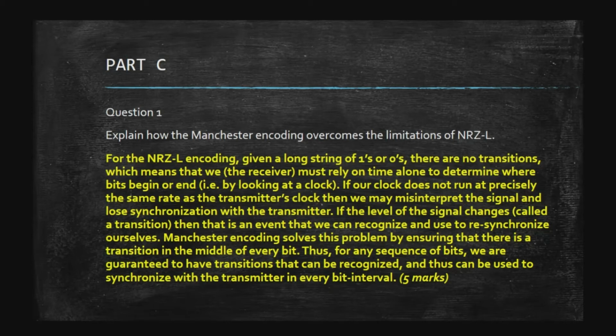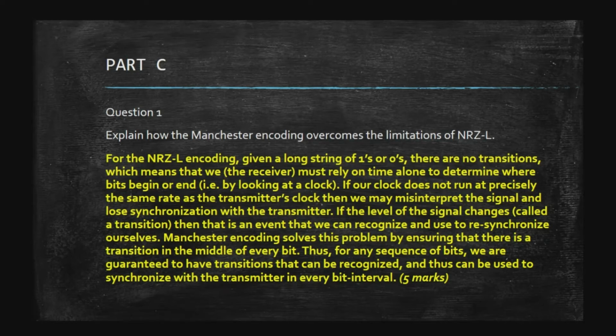The suggested answer here: for NRZL encoding, given a long string of ones or zeros, there is no transition. That means the receiver must rely on timing alone to determine where the bits begin or end, for example by looking at the clock.